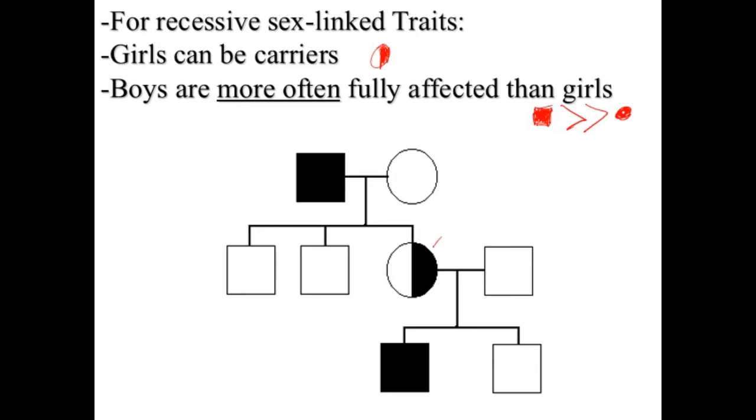Looking at this one, I see a carrier and I see 2 boys affected versus 0 girls and 1 carrier. My guess is, without even knowing what this trait is, this is a recessive sex-linked trait.